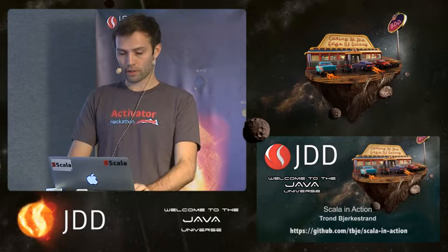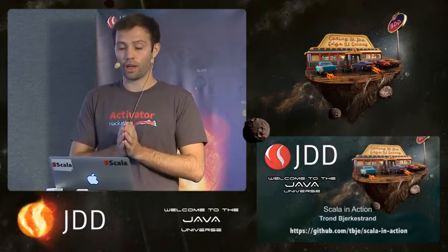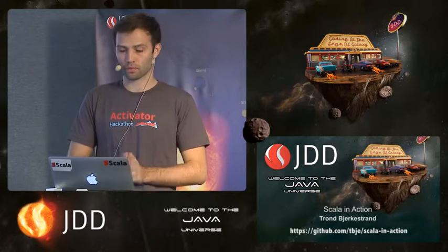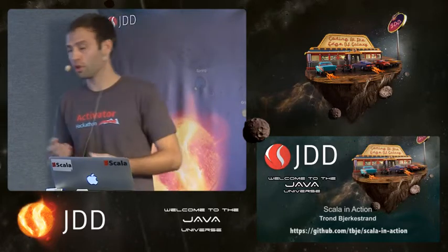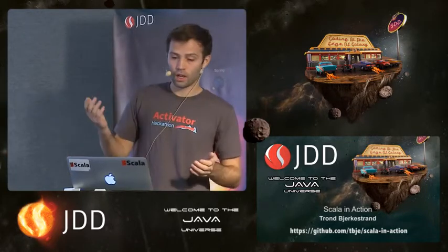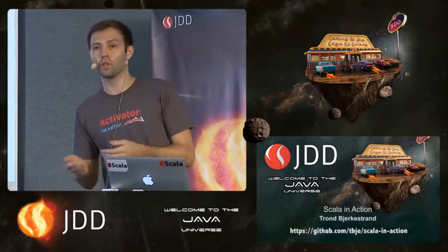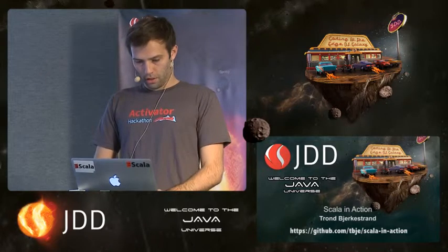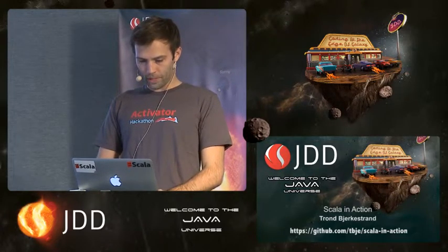So you got what you call the uniform access principle implemented for you directly in the language. That's saying that you should be able to access a stored and a computed value in the same way. So we don't need getters and setters.